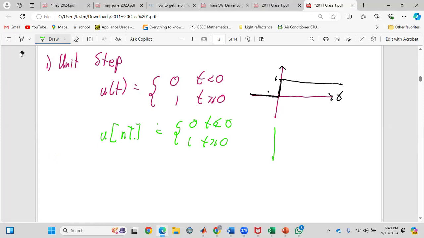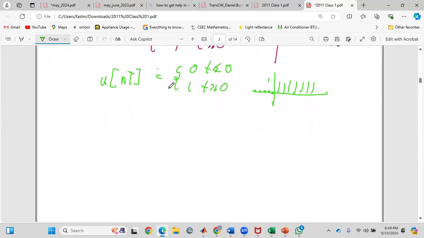So it'll be the same graph, but instead of flat lines, it will just be pulses at 1. That's how it will look for a discrete signal. All right, so that's a unit step.